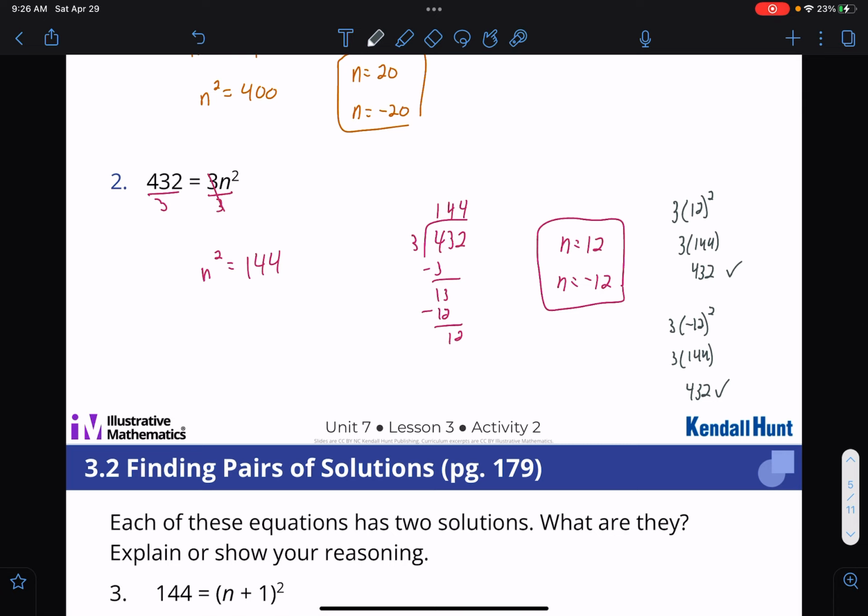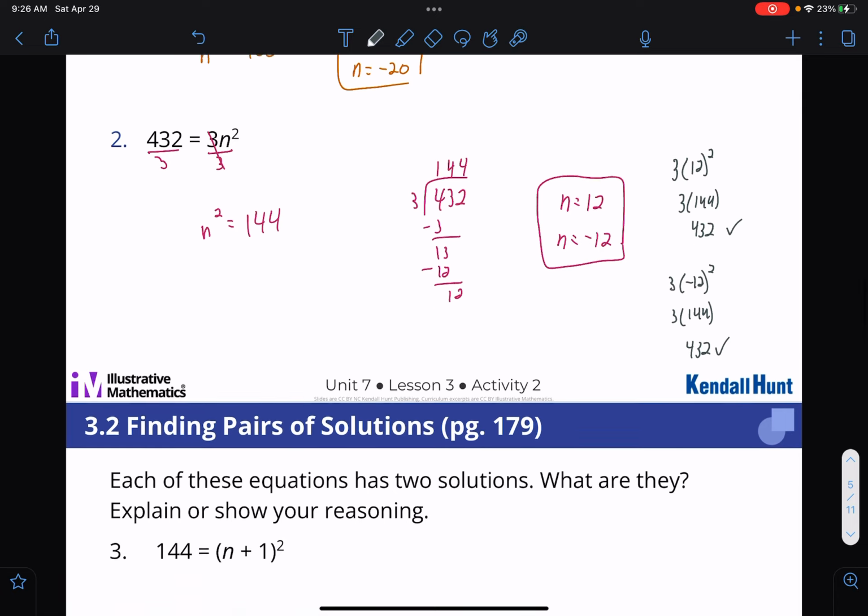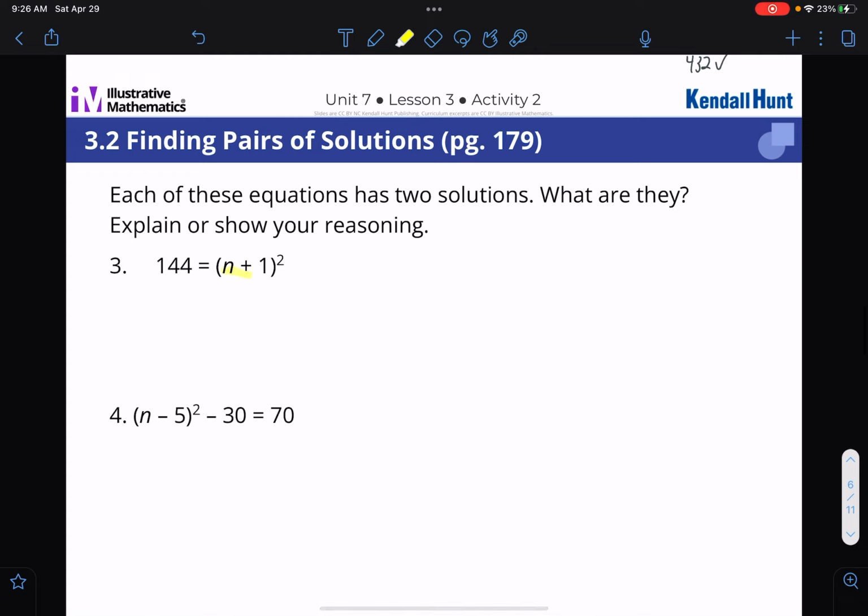We figured that out to be 12 and negative 12, which means this quantity inside the parentheses needs to be either 12 or negative 12. So n plus 1 could equal 12, or n plus 1 could equal negative 12. So if I solve both these equations, n would equal 11, and n would equal negative 13.